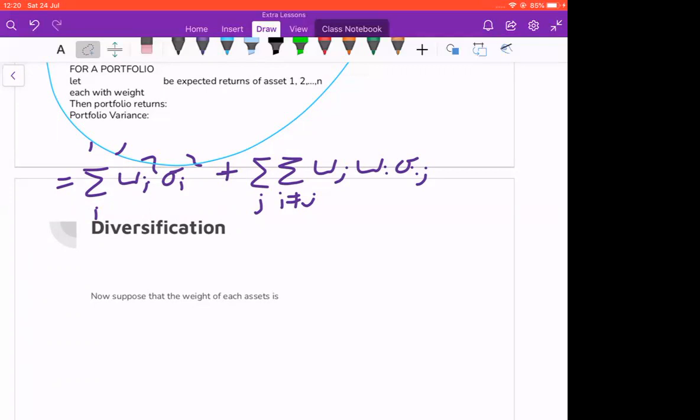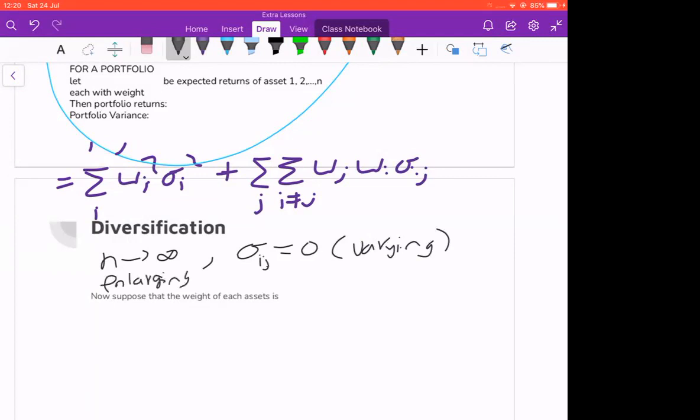Basically, what happens when you include more assets, or put in more assets which are not correlated. I just used simple English: this one is enlarging, this is varying. So diversification is the process of enlarging or varying products or assets in an investment portfolio.